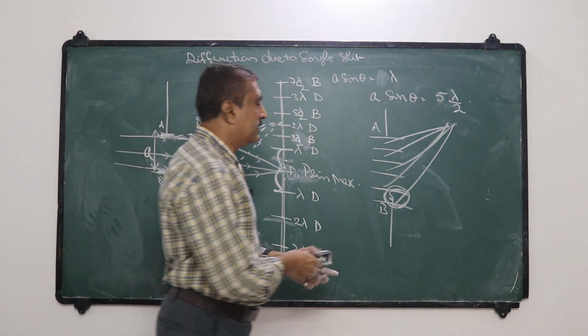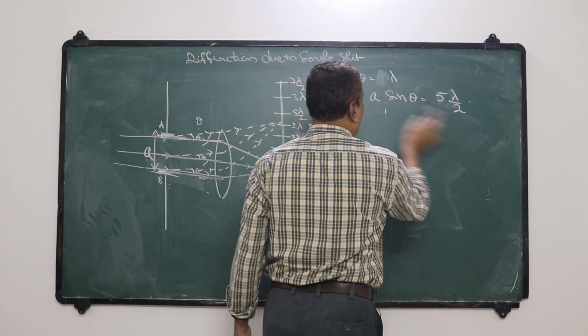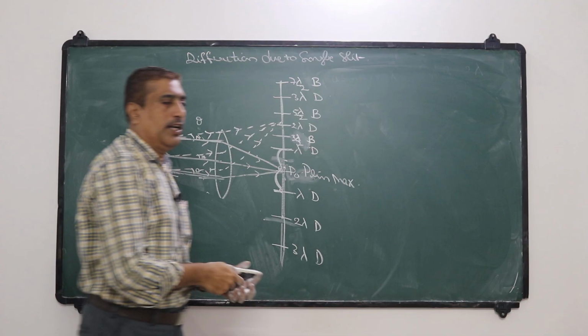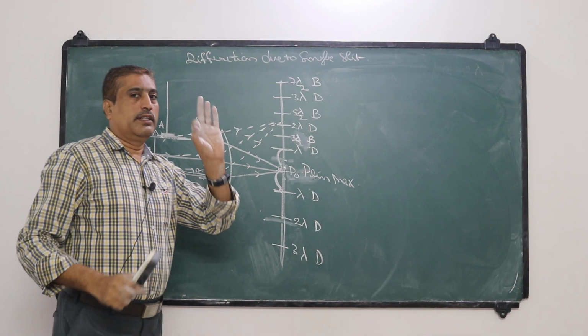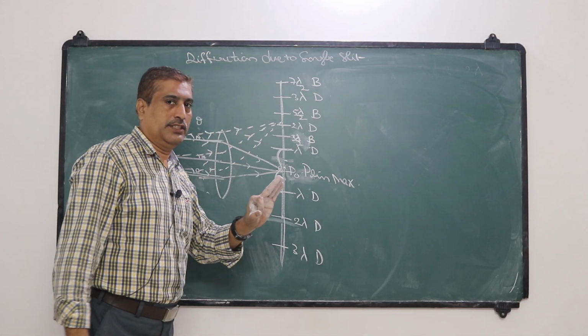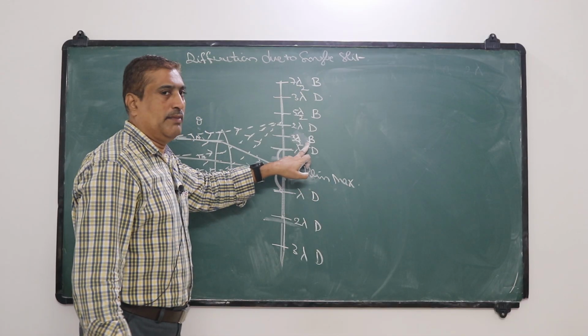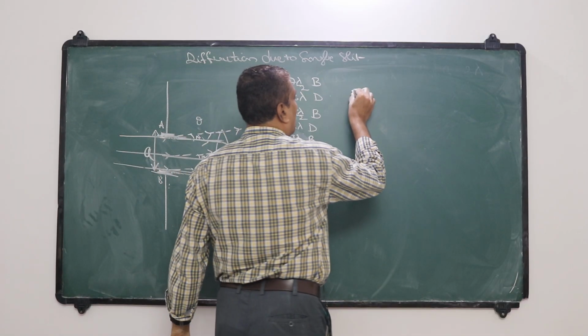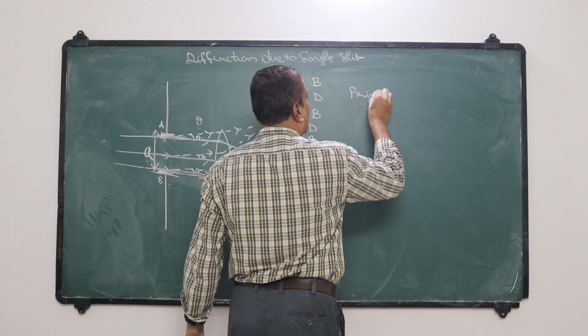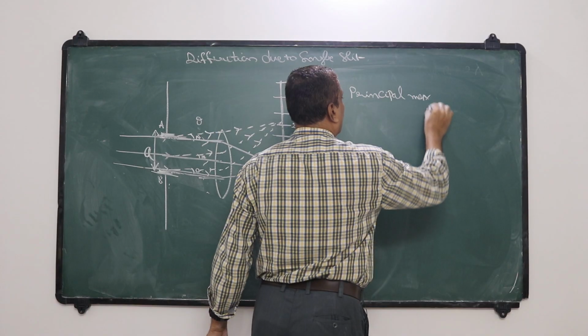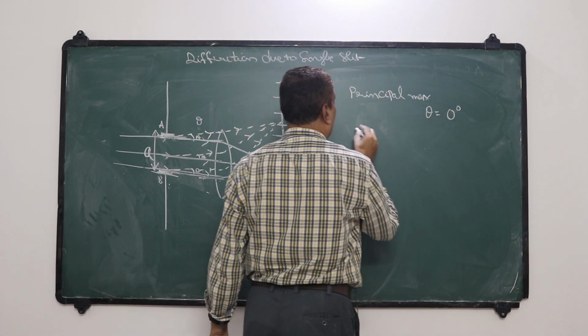So we have 3 conditions in the diffraction due to a single slit. In a single slit diffraction pattern we observe three regions, that is principal maximum, dark band, secondary maximum, and the conditions are: for principal maximum the condition is theta is equal to 0.